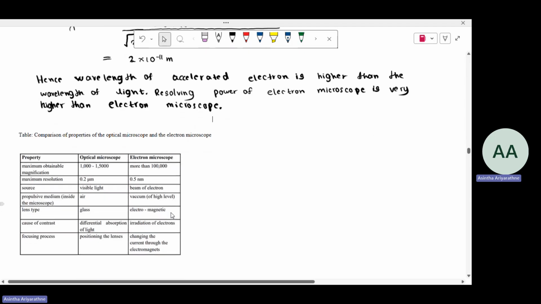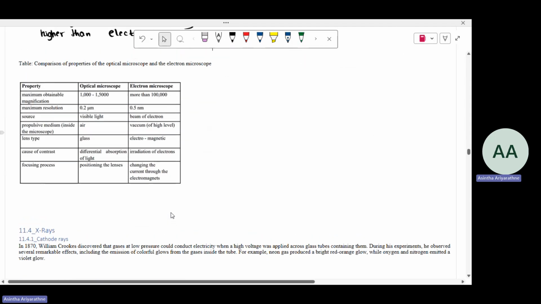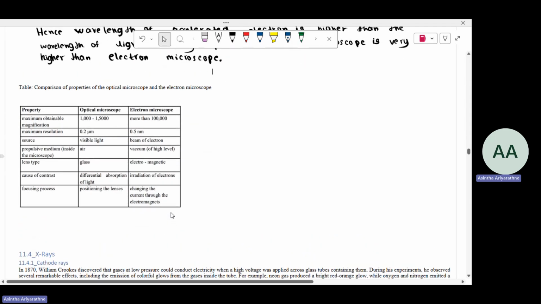Yeah. Then this is just a comparison of the electron microscope and the optical microscope. The obtainable magnification, you can see that for the electron microscope is higher than 100,000, whereas it is around 1,000 to 1,500 for the optical microscope.